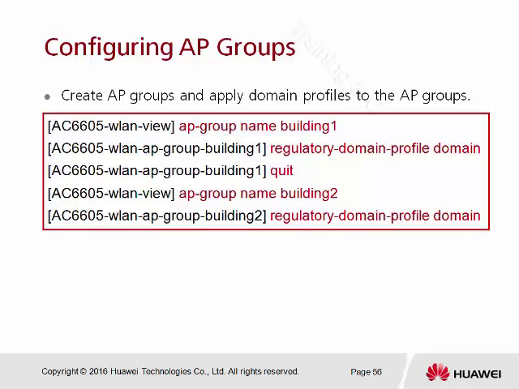So right now, I need to give the name building1 to this AP group. So inside the group, I'm going to use the regulatory domain profile as domain. Then create group number 2 and name it building2. So do the same thing as the previous one, and I set it to the domain.